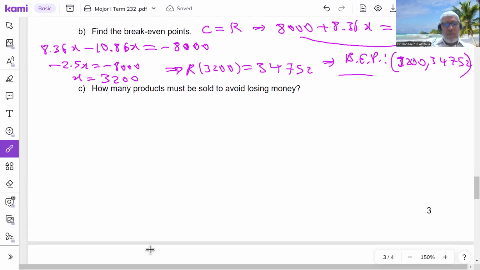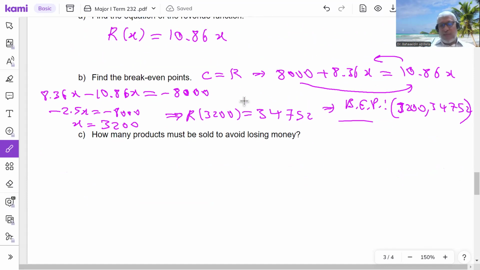How many products must be sold to avoid losing money? Well, this is the break-even point. And how many products? That's x, the value of x. So if you sell 3,200, you will get your cost back. So you didn't get any money yet.